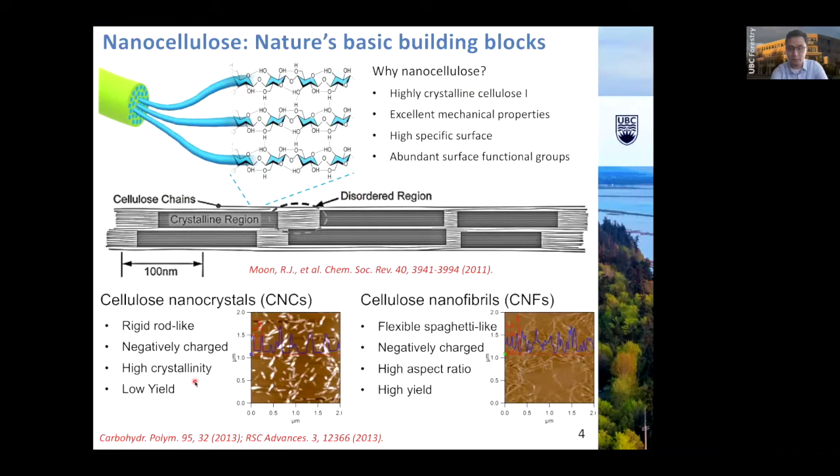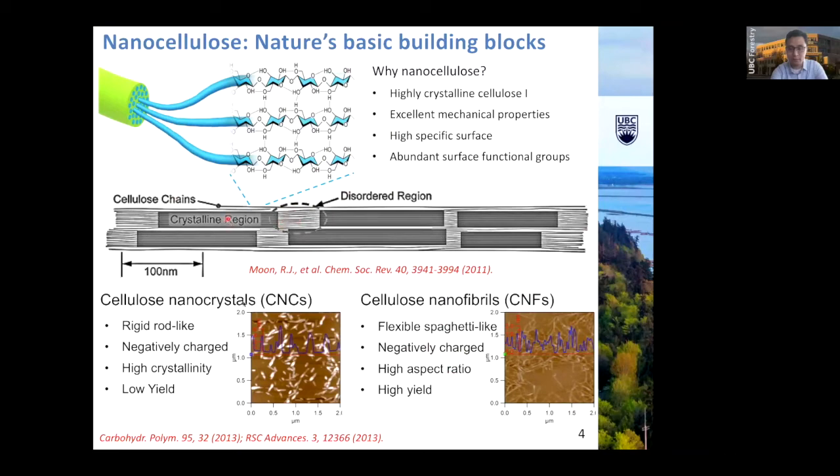If we look at the elementary fibers, we see alternating crystalline regions as well as amorphous regions, or what we call disorder regions. By using different ways, we can get two types of nanocellulose. One is the cellulose nanocrystal, where we remove the disorder region by strong acid hydrolysis, leaving the crystalline region.